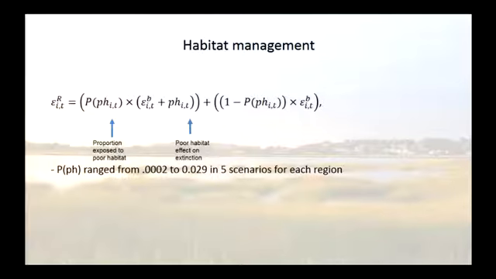We also had a habitat management component, so the types of the grazing and the burning on these wetlands and how they affect the rails was supposed to be an important part of this. So our extinction probability became a function of the proportion of habitat exposed to poor habitat management conditions and what the effect of that was on our extinction risk.